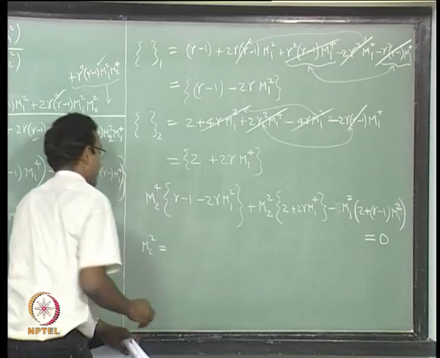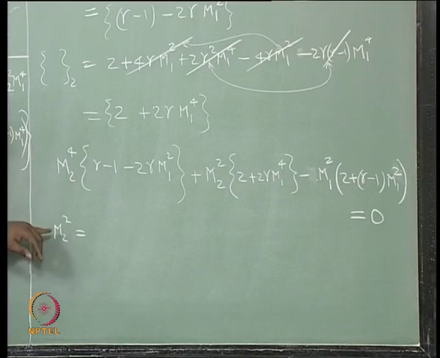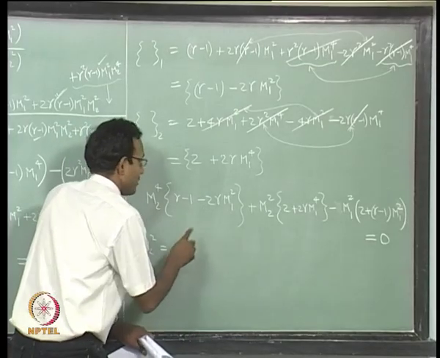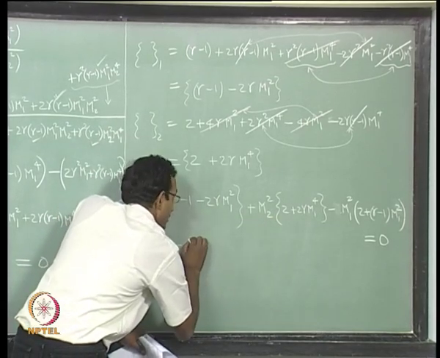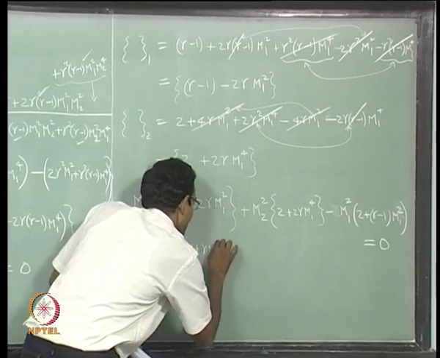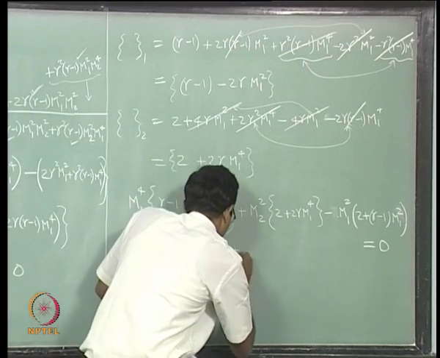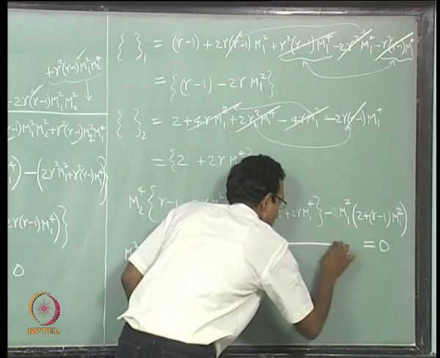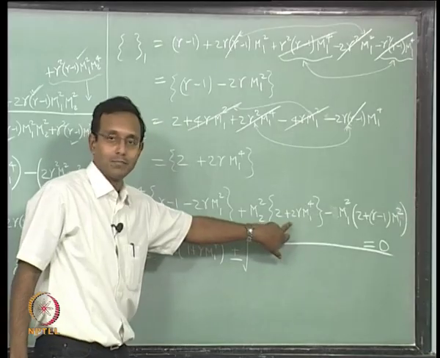M 2 square will be my variable here, right, for quadratic equation m 2 square is my variable, m 2 square square is what is here, m 2 square is given by minus of the second coefficient, 2 into 1 plus gamma m 1 power 4, plus minus square root of this square, b square, right.